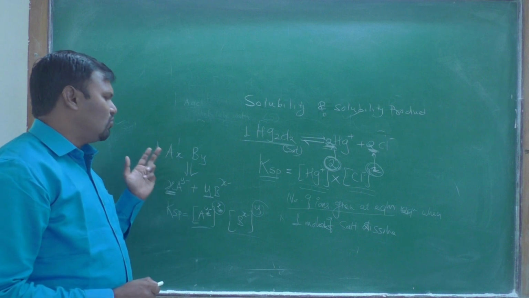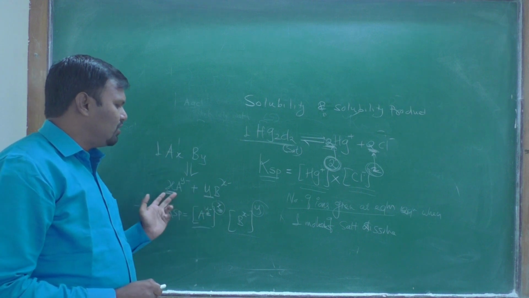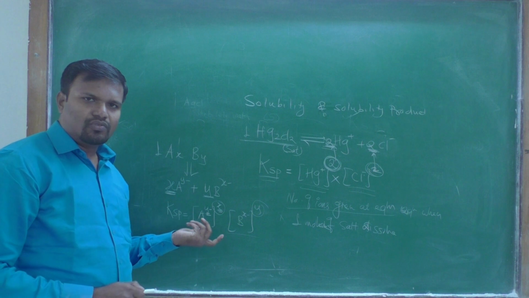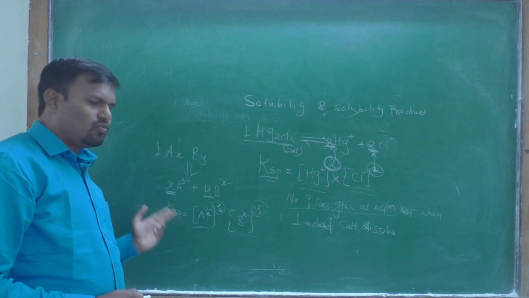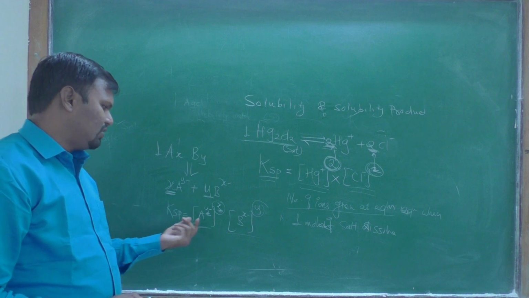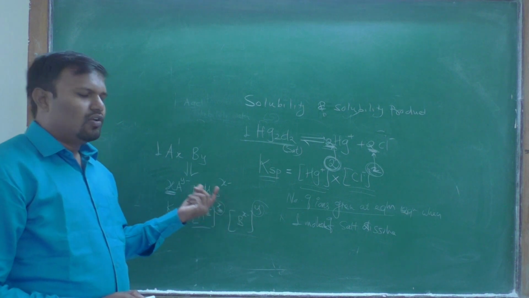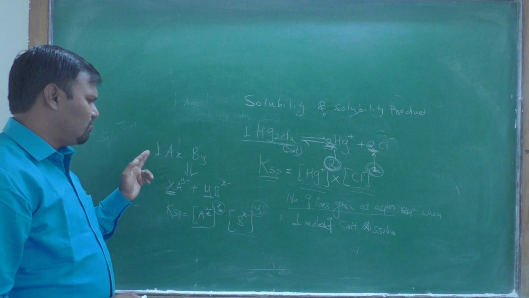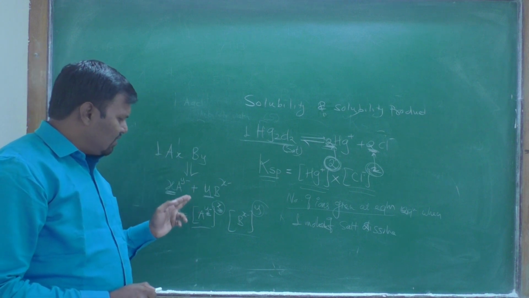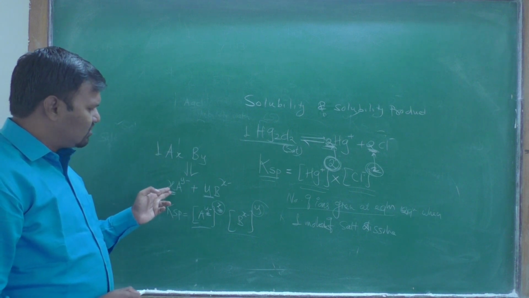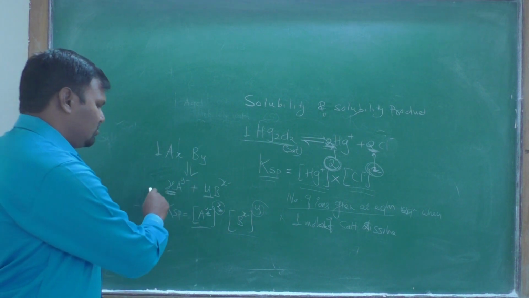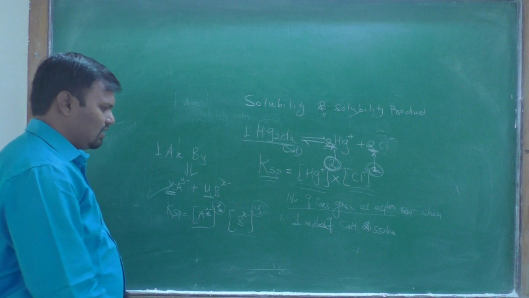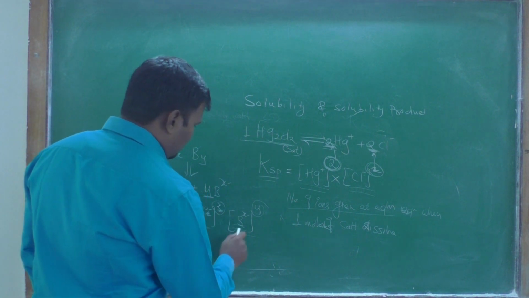When one mole is dissolved, how many moles of ions are produced? It can also be taken as x and y, or when you consider one molecule, then x ions of A and y ions of B. This is the general equation we have found.